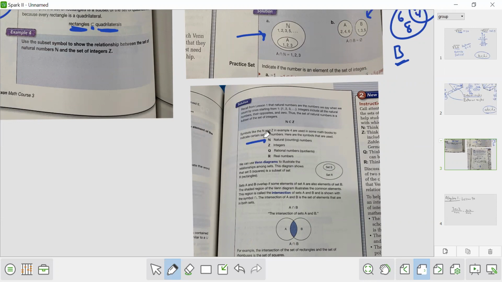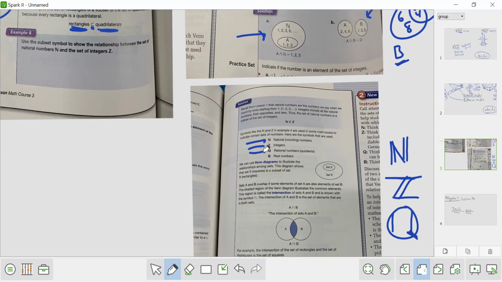All right, and then we have some weird symbols. This funny looking N right there means natural numbers. It's kind of like a double line. This with a Z, it's like a double line. Okay, that means the integers. And then you have this Q, which means my rational numbers.